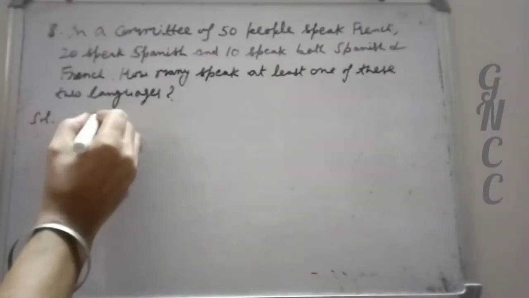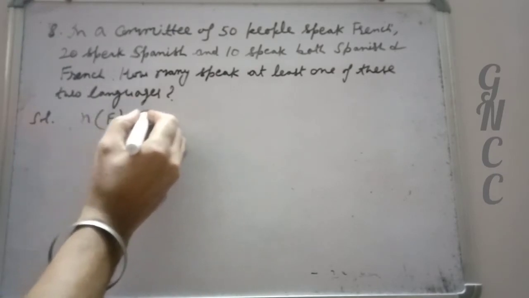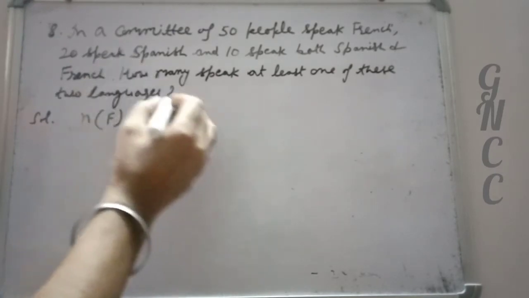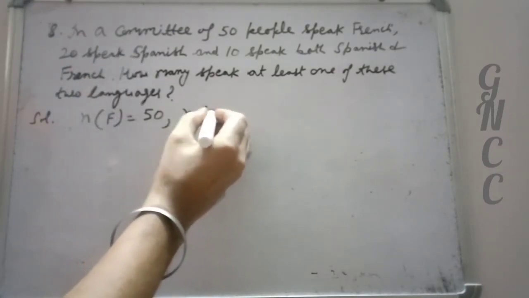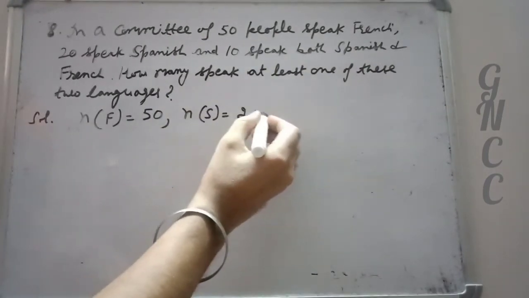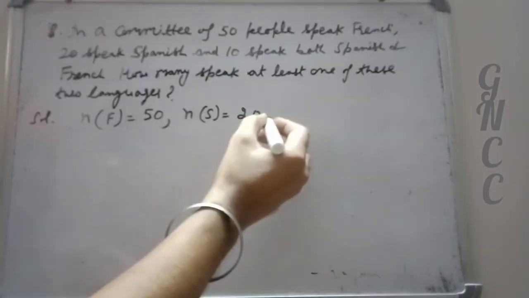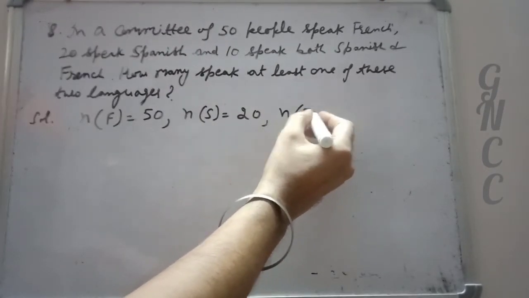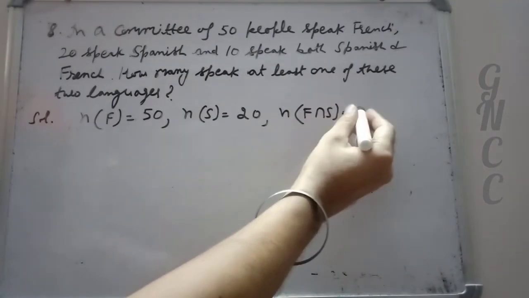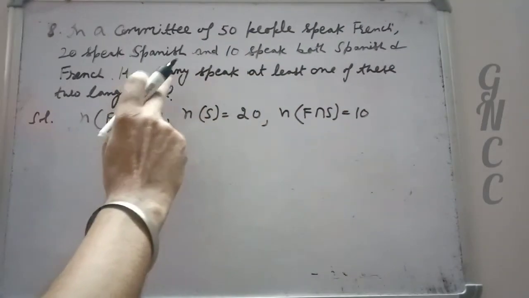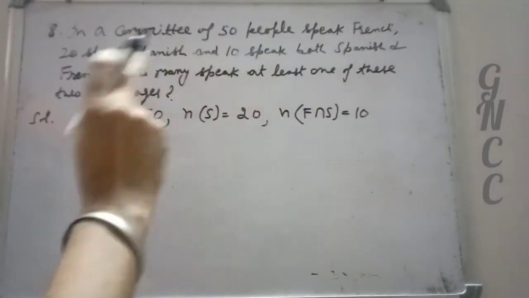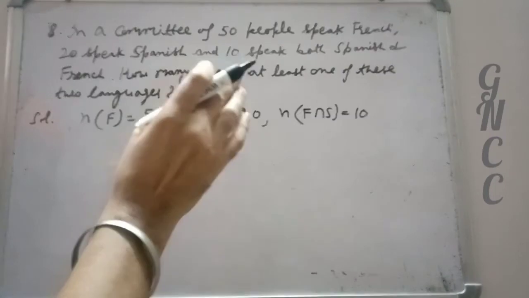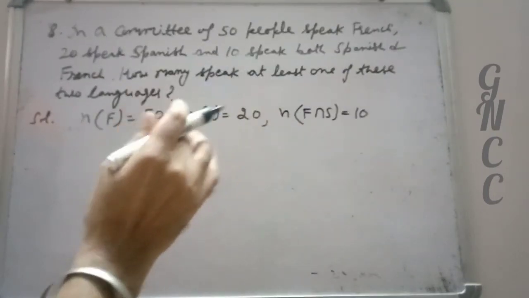Then n(F) equal to 50. Spanish हम S use कर लें. So n(S) equal to 20. 10 speak both means this intersection. So n(F intersection S) equal to 10. We have to find how many speak at least one of these two languages. At least means we have to find union.